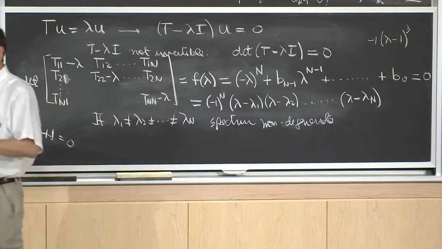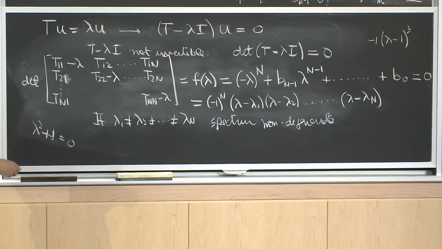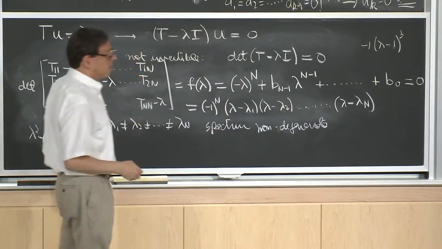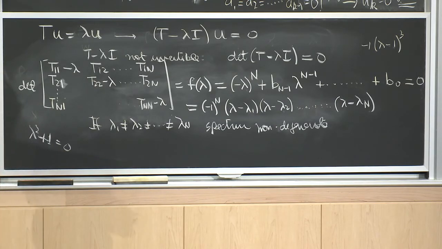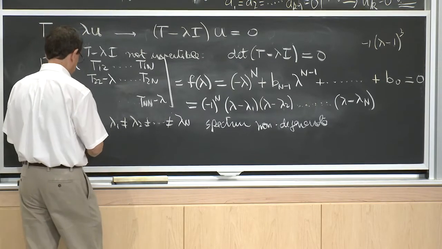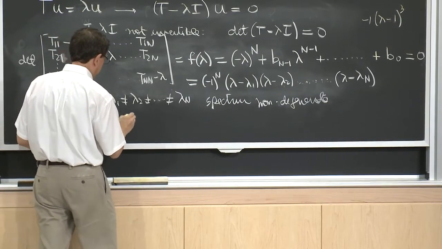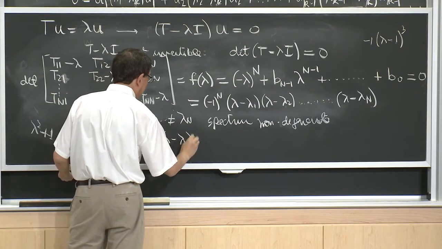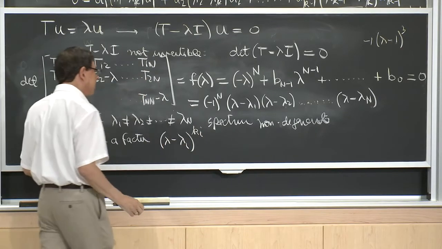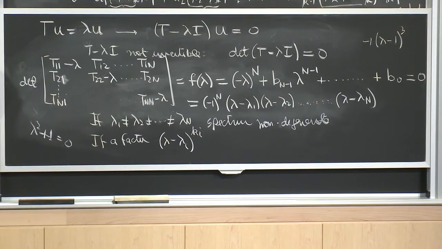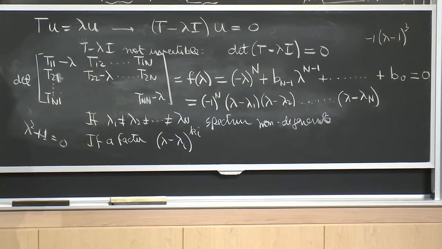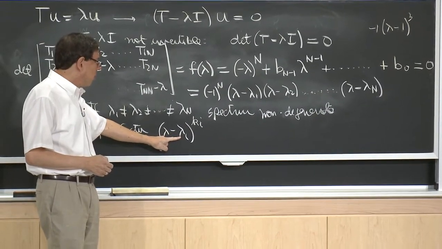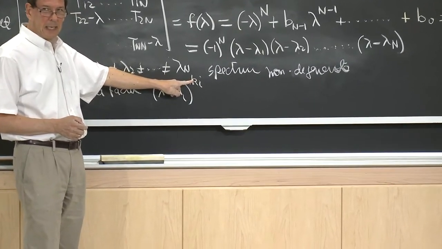If you find a factor in this polynomial, once you've factored it, you find that a factor appears with some power. So for example, if the factor lambda minus lambda i appears to some power k_i, where k_i is some integer that can be 1, 2, 3, 4, we say that this is a degenerate eigenvalue with multiplicity k_i.